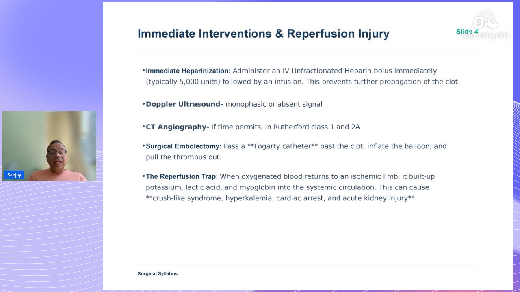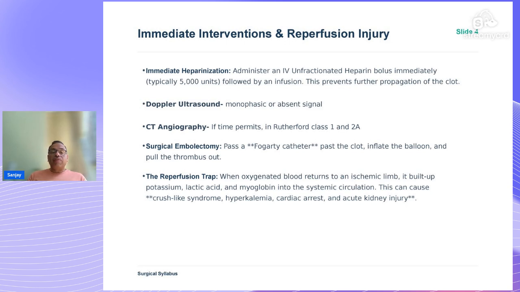Now, depending on what class the Rutherford is, for example, if your patient is in an early stage, like class 1 or 2A, that means it is not immediately threatened. In such cases, we still have some time to do certain investigations. So, very quickly, a Doppler ultrasound, which is a non-invasive investigation, should be done in all patients suspected of acute limb ischemia.